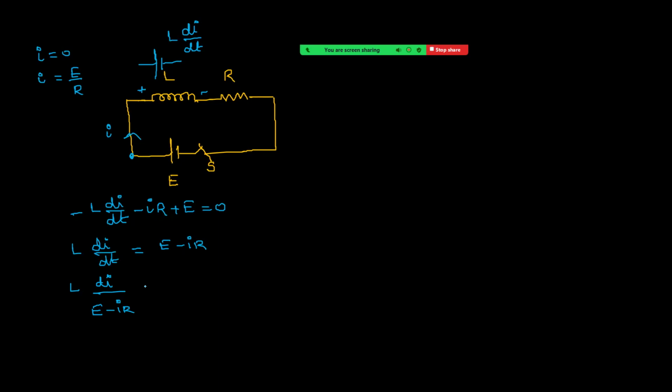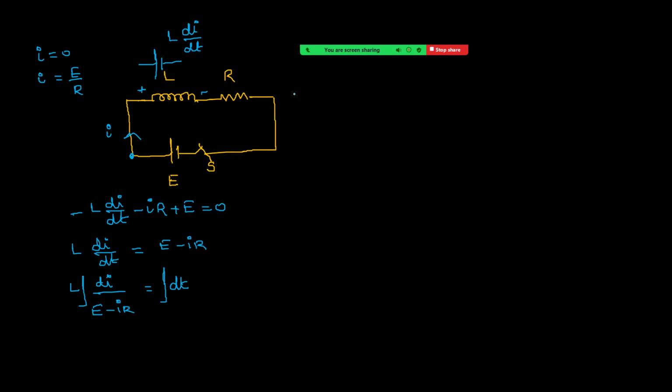This is almost the same as what we have learned while discussing RC circuits, growth of charge and decay of charge. It is now growth of current and decay of current. So right now it is growth of current, that means current is increasing. So what else is left here? Only dt is left. I take it to here. Now integrate.